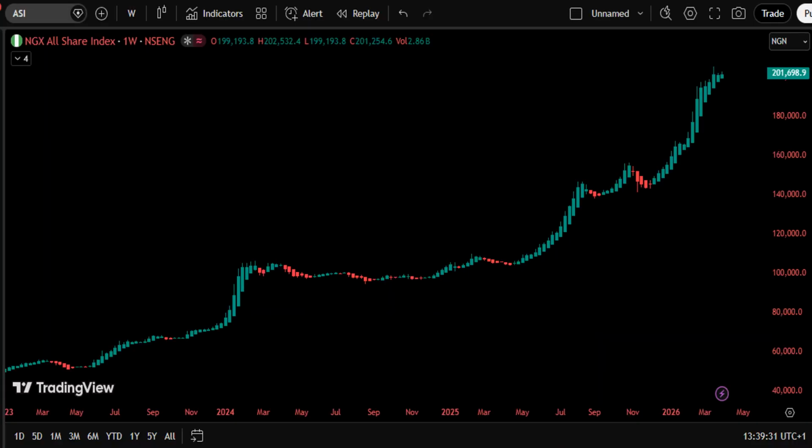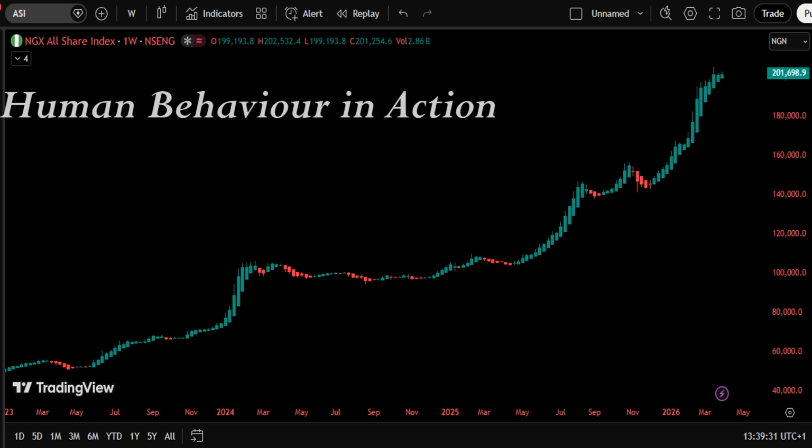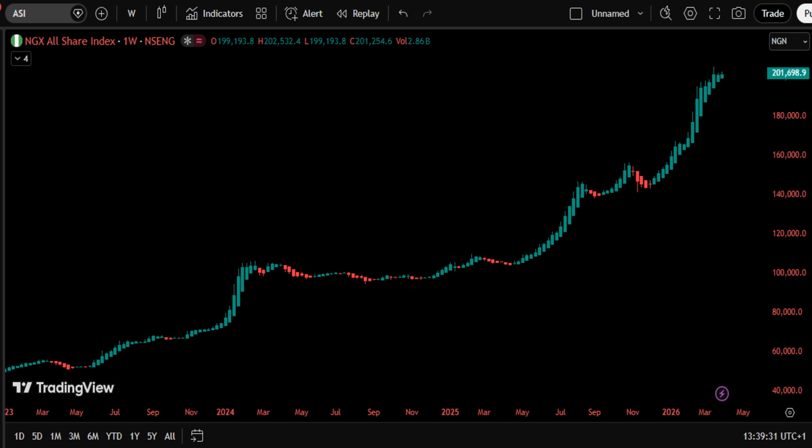Even in the Nigerian market, price moves because of news, earnings, investor sentiment, or institutional buying. So when you learn to read the charts, you are essentially learning to read trader behavior, and you can analyze any market in the world. But here's something interesting. In a moment, I'll show you why Nigerian stocks sometimes behave more predictably than US stocks and how you can take advantage of that.